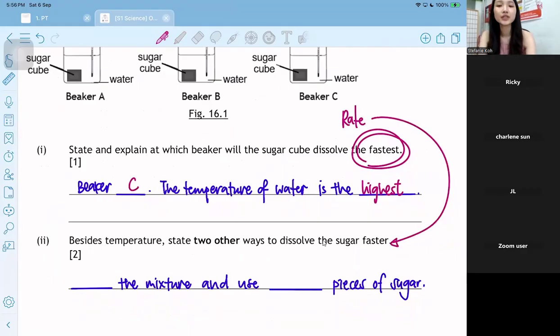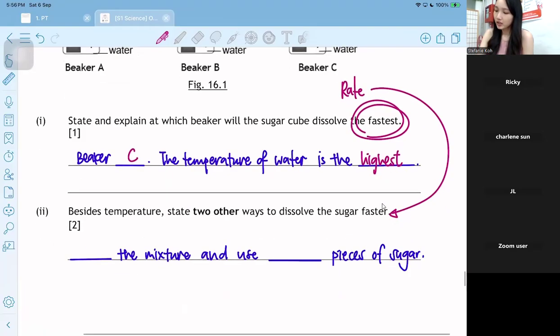What else will affect the rate? Okay, let's have the next person. After Sarah is Ping Xuan. Yes, particle size and stirring. So to dissolve even faster, we can stir the mixture, right? And the particle size, are you referring to bigger or smaller?